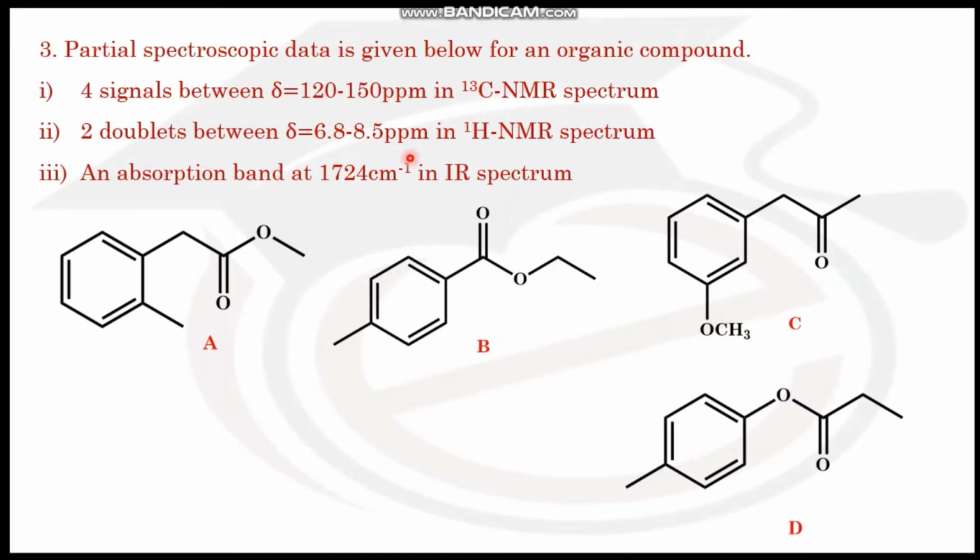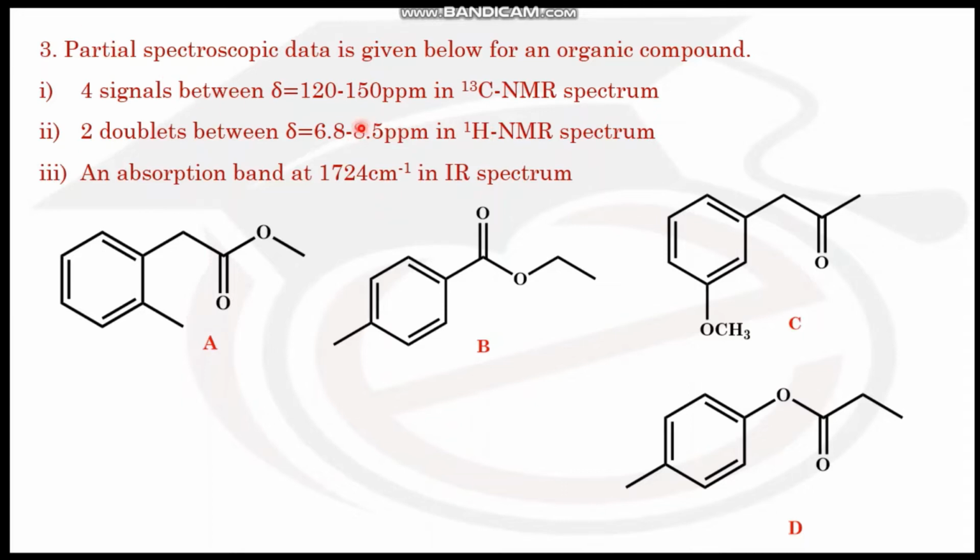We have options A, B, C, D. It's given that there are 4 signals in C13 NMR in the range 120 to 150, and in proton NMR there are 2 doublets in the range 6.8 to 8.5 ppm, and an IR value is also given.